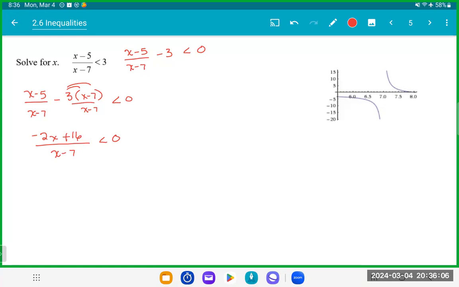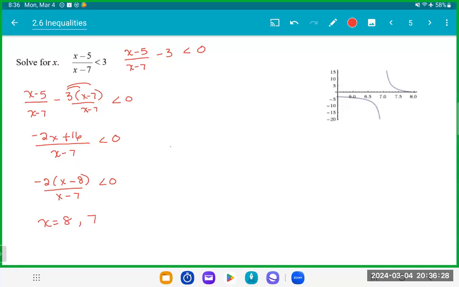So I can do one more step, and I have -2, factor that out, and I have x minus 8 over x minus 7 is less than 0. So x equals 8 or 7. Okay.